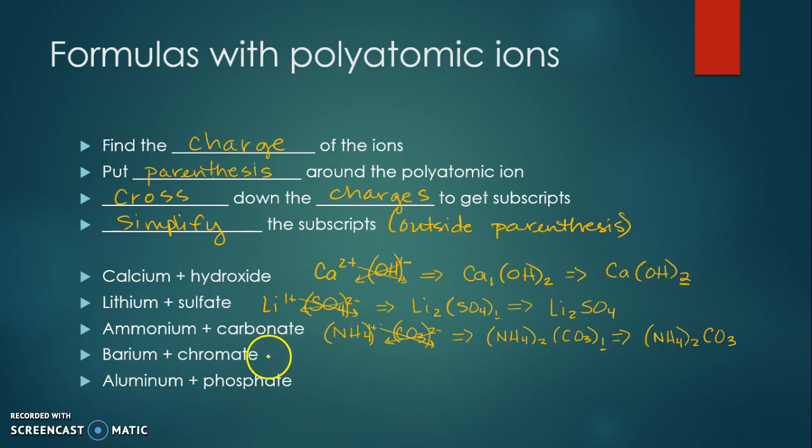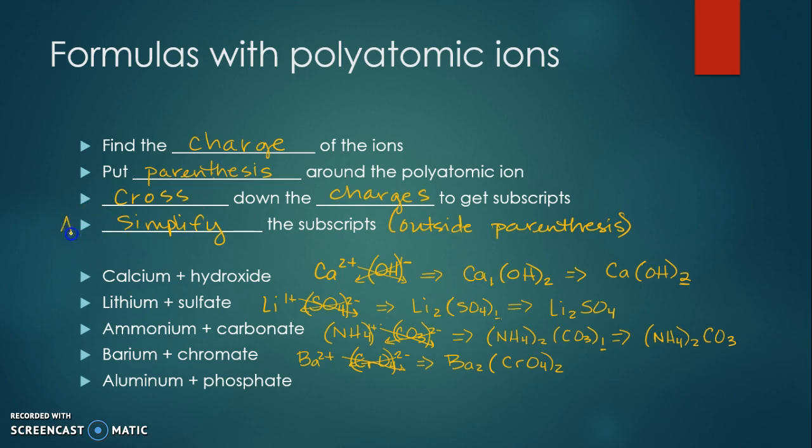All right, barium chromate. This one, barium is a positive 2 charge, and chromate, CrO4 with a negative 2 charge. Okay. Put parentheses around your polyatomic ion. Your 2's cross down. So we end up with Ba2(CrO4)2.